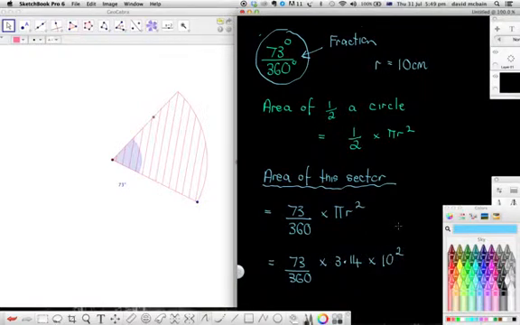So if we now work that out, that will be 73 times 3.14 times 100, 10 squared is 100, divided by 360, and that will equal 63.67 centimetres squared, because we're talking about area.